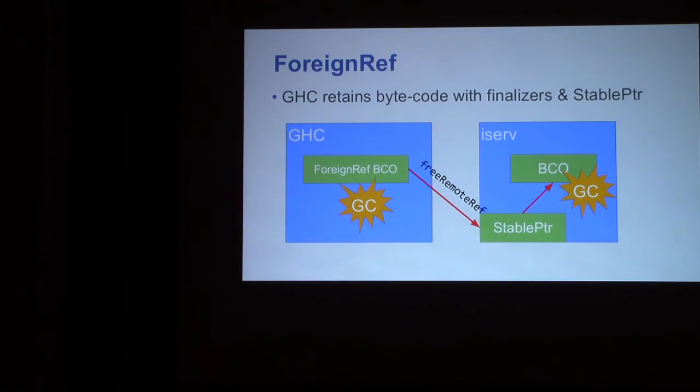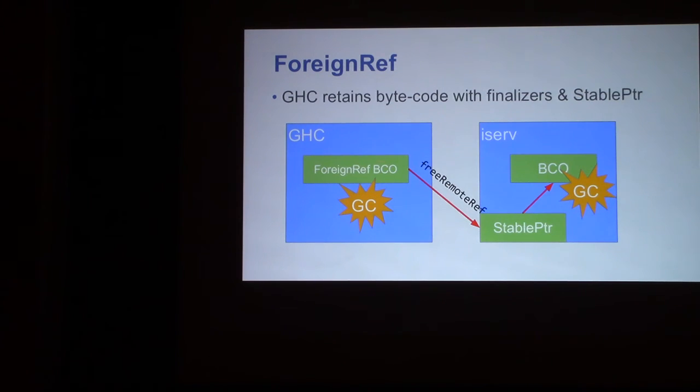How do we manage pointers from GHC into the heap of the other process? GHC is maintaining a big table of the things it knows about and the bytecode objects that correspond to those names and values. When you recompile something, how do we forget about those references? How do the bytecode objects in the other process get garbage collected? This is how we do it.